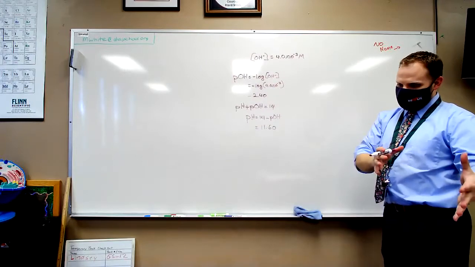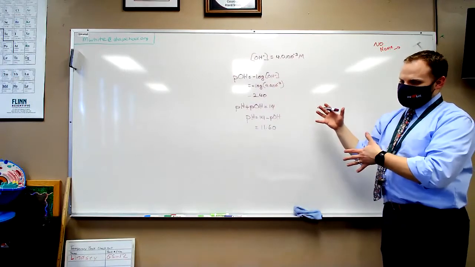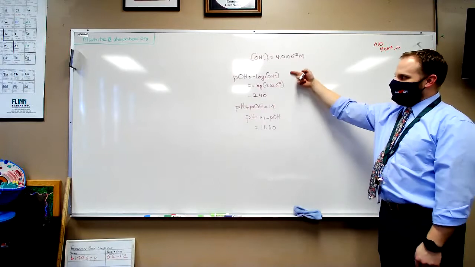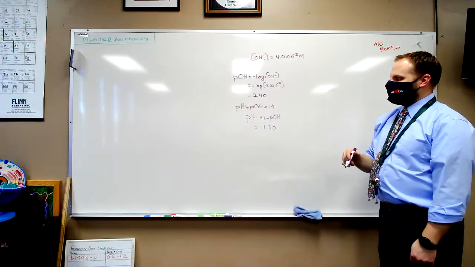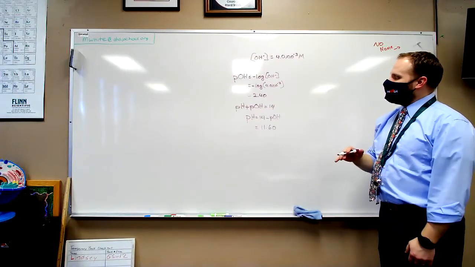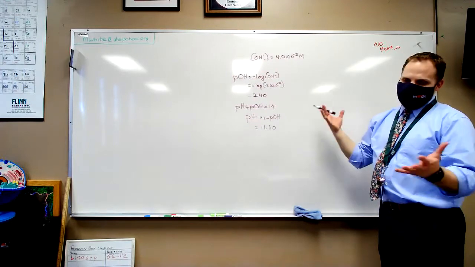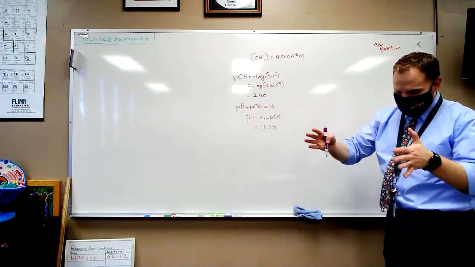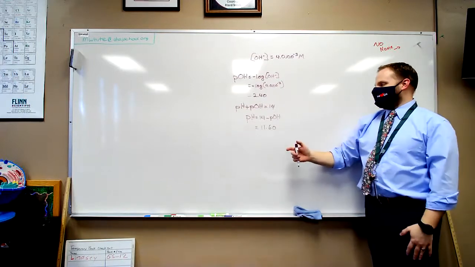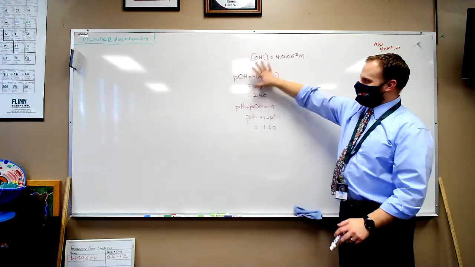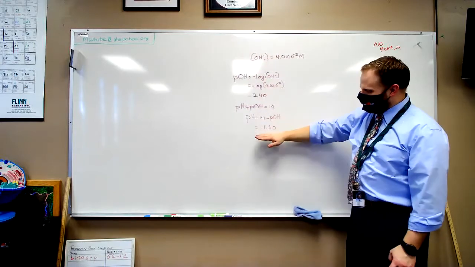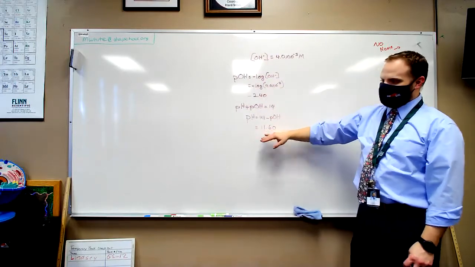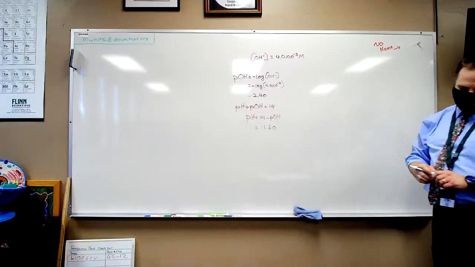So below 7 is basic and above 7 is acidic when you're dealing with pOH. So just keep that in mind. It might be easier as you're getting started to just stick with pH and say, okay, well, this is pOH, I don't really want to mess with that, but I can see that the pH is 11.6, which is definitely basic.